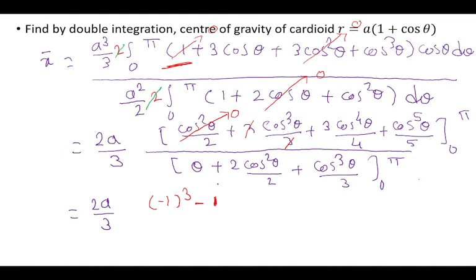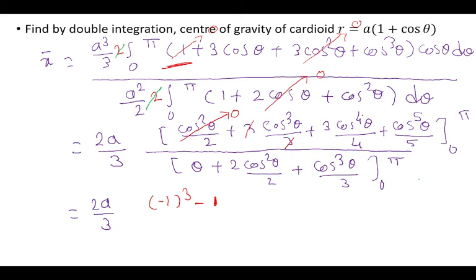So cos pi is minus 1 cube, and cos 0. Yes, correct, my mistake. Plus.